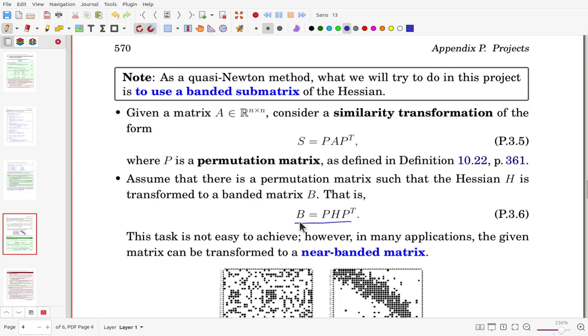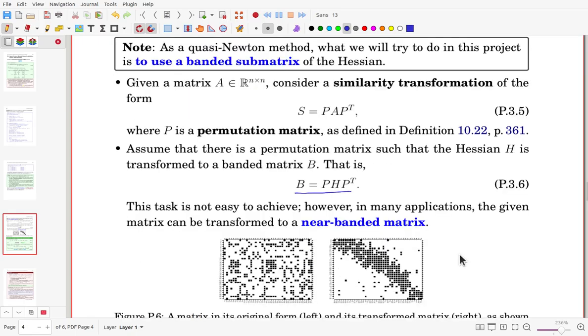Then, with this banded matrix, it is much easier to solve. It's not always possible. However, in many applications, the given matrix can be transformed into a near banded matrix.